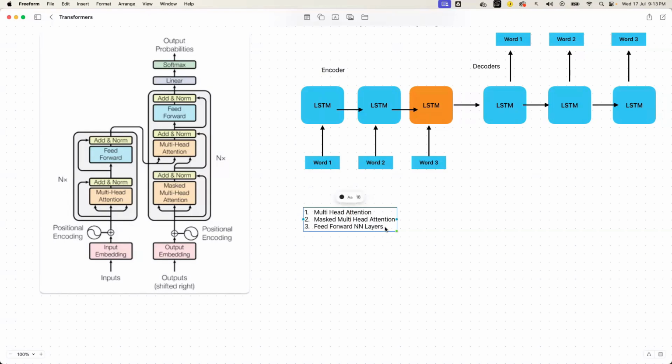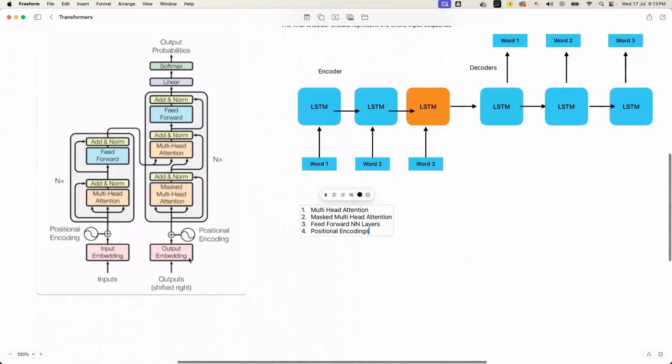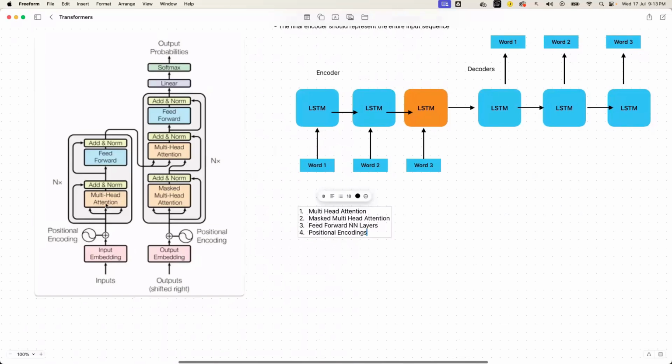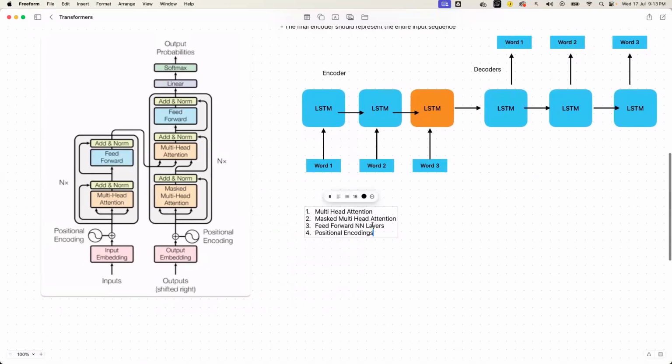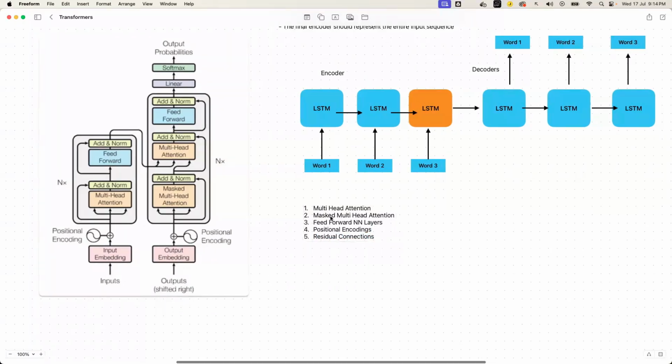If I want to specify the other important components, we'll have something called positional encoding, and the residual connections.